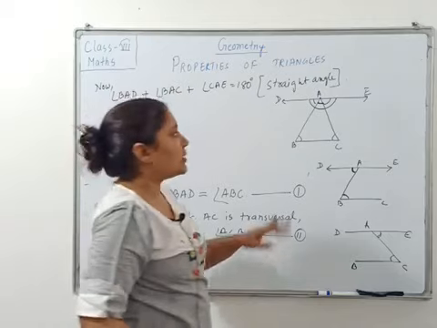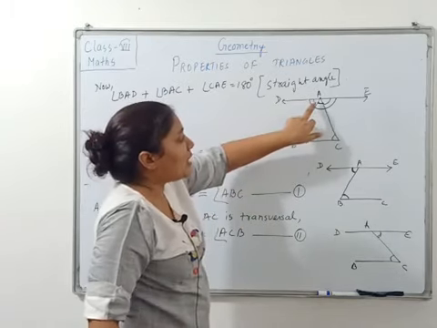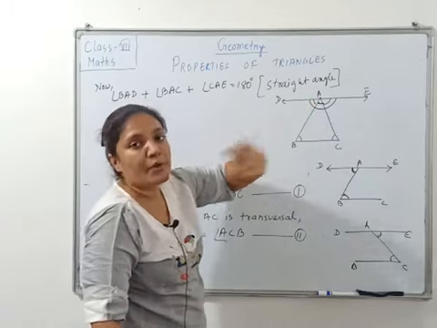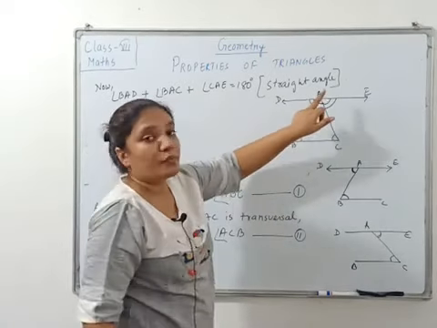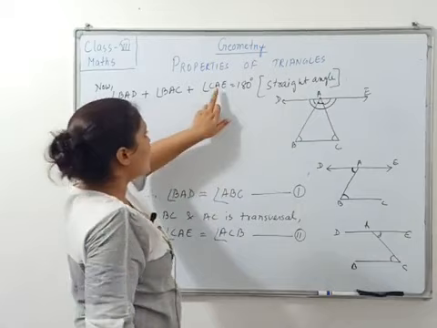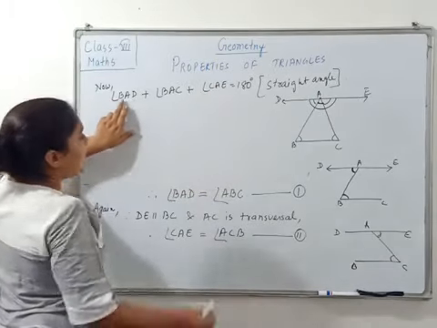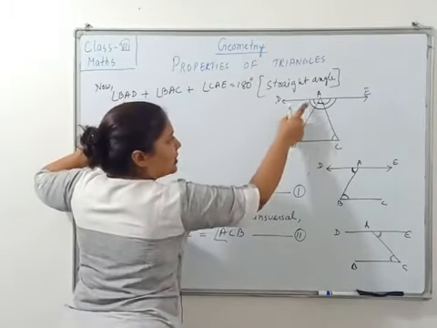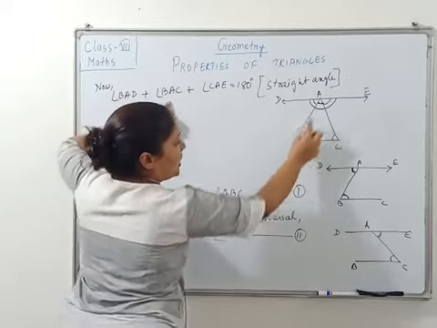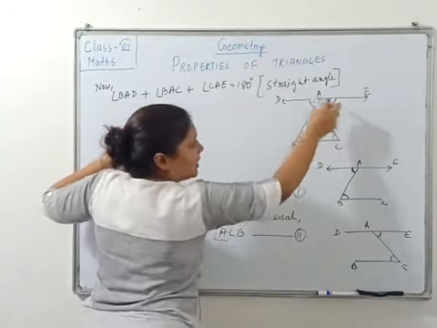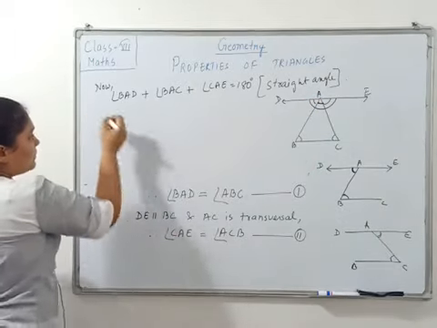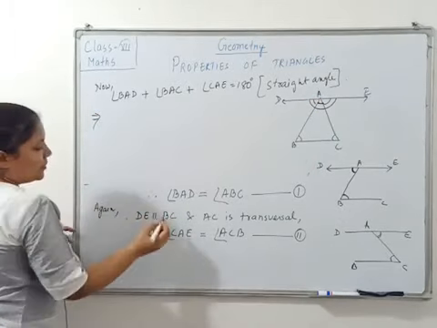One thing always remember, students: whenever you name an angle, the vertex should be in the middle. Like BAD, this angle. Then BAC, this angle. Then CAE, this angle. Clear, students? Now what do we know?